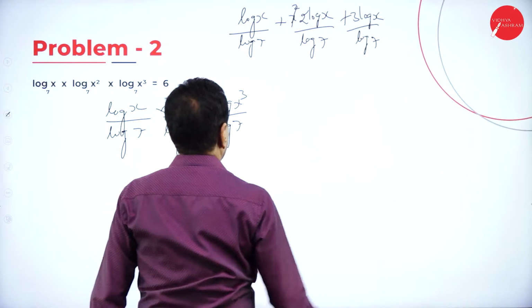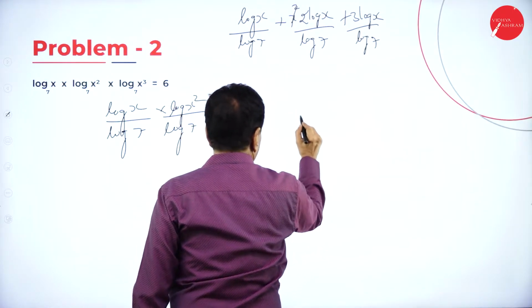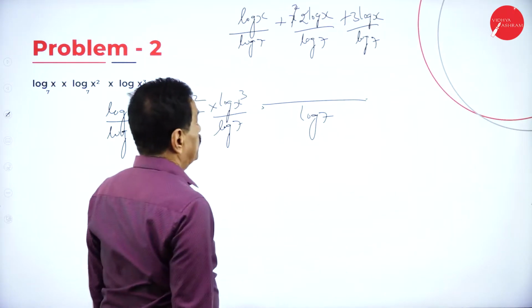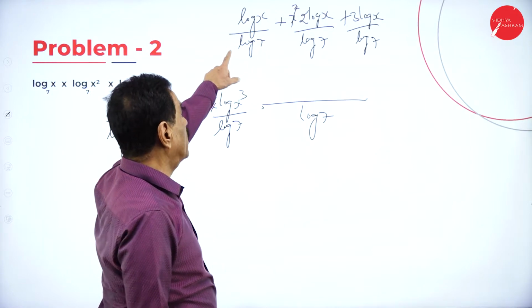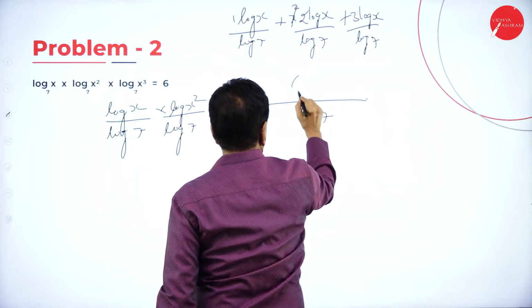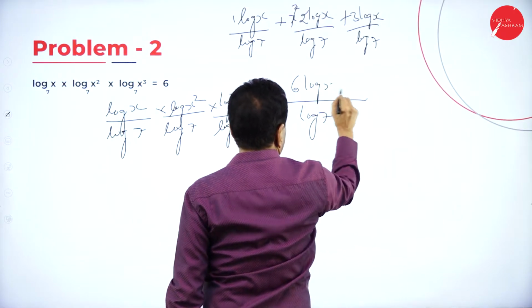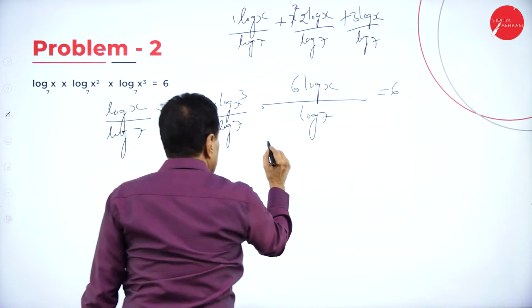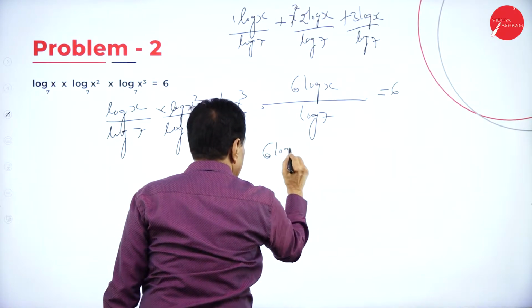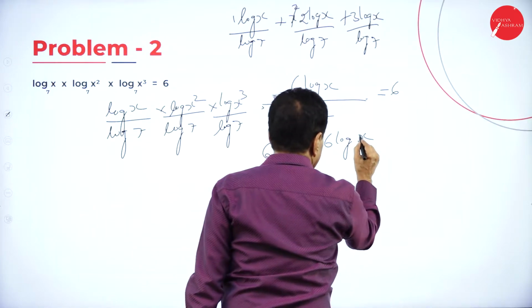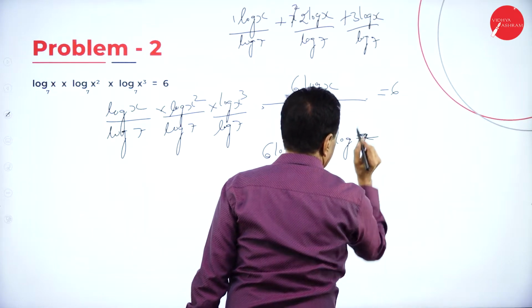Multiplication becomes adding. If we take log 7 as a base, this is 3 log x, 2 log x, 1 log x, 6 log x. Cross multiply: 6 log x is equal to 6 log 7.